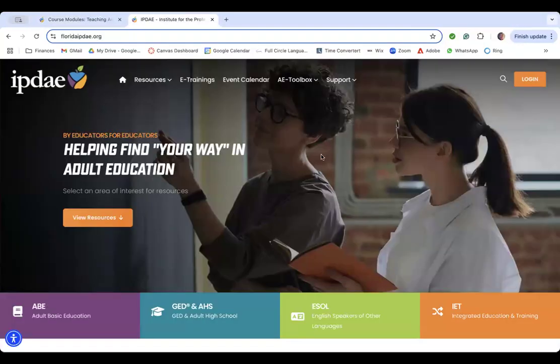If you are not on the IPDAE listserv, one way that you can do that is just to register for a free account on IPDAE. You can just do that by logging in and then creating a free username and password. I highly recommend it. You're going to have amazing access to resources, to events, and to, of course, our professional learning courses.